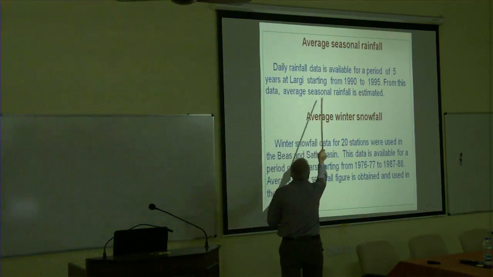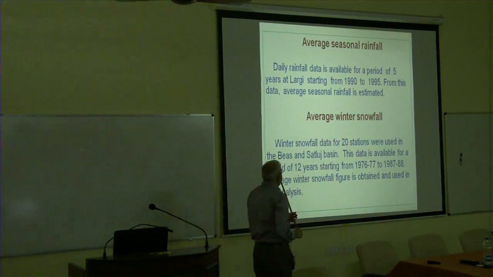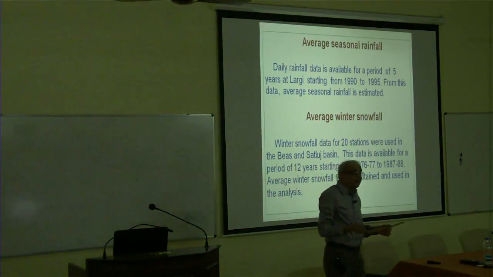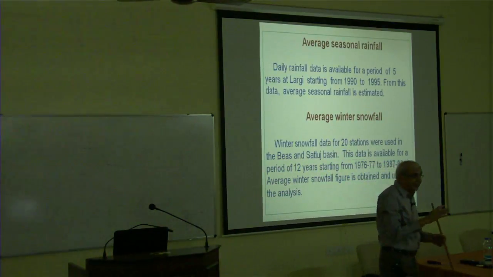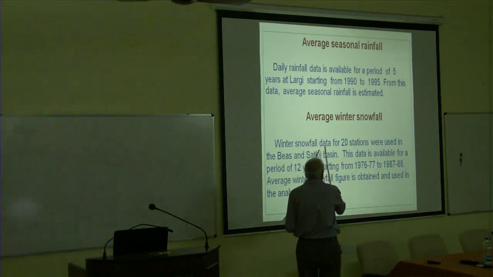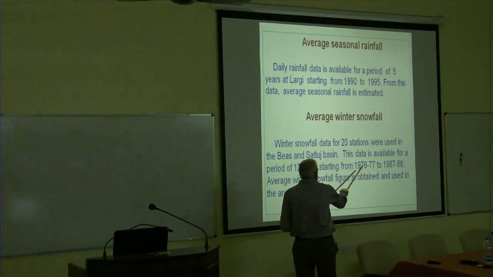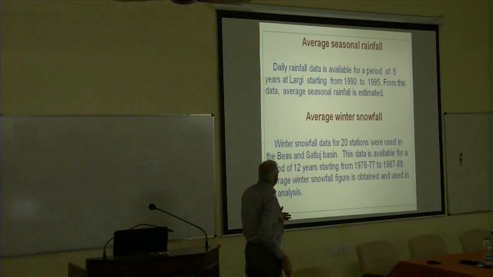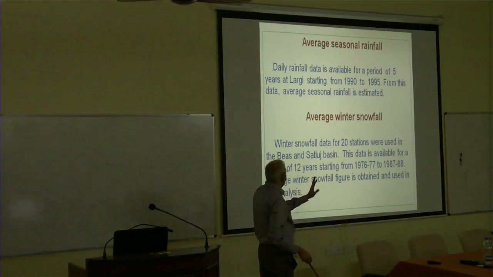We also estimated the daily average rainfall. In addition to that, the Bhakra Beas Management Board manages a large number of snowfall stations. There are 20 stations, and we have taken data from 76 to 87, 88, and we got the mean winter snowfall.